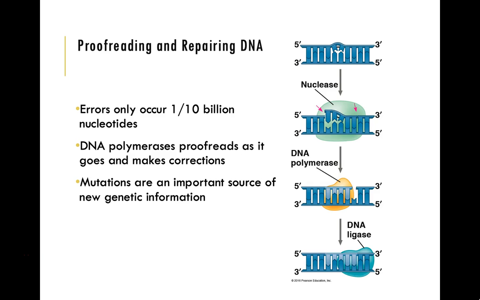So we often think of mutations as bad, and generally they are, because if you think about it, an organism is already adapted for its environment. And so if it acquires a mutation, then it's probably not going to be adapted. But think back to the genetic code. There is some room for mutation in the redundancy of the code, in the wobble of the code, and so not all errors are actually detrimental.